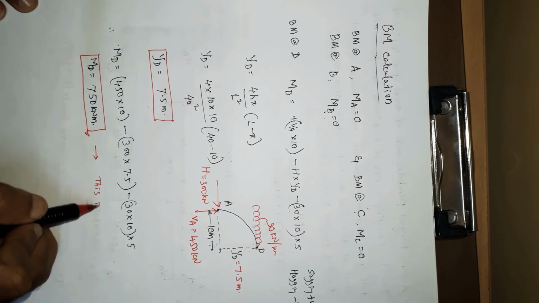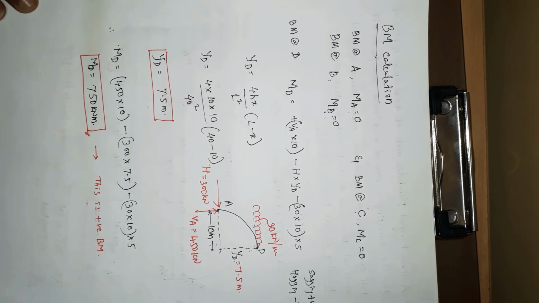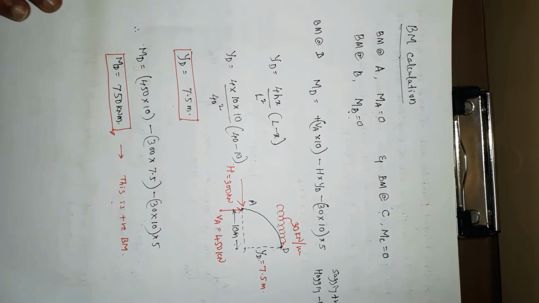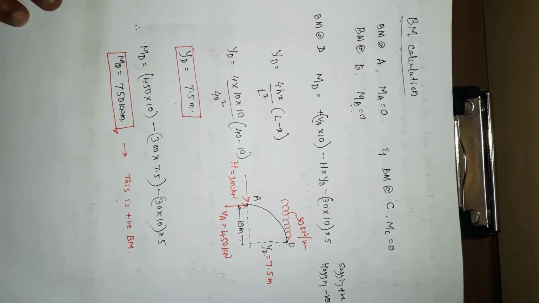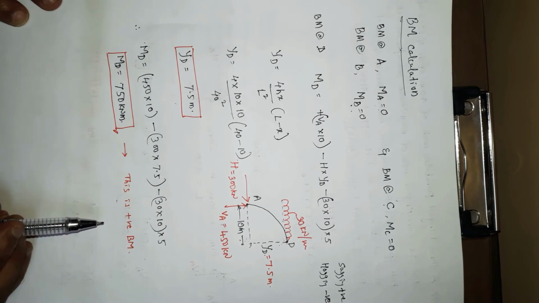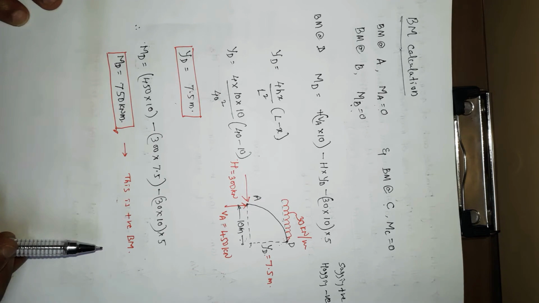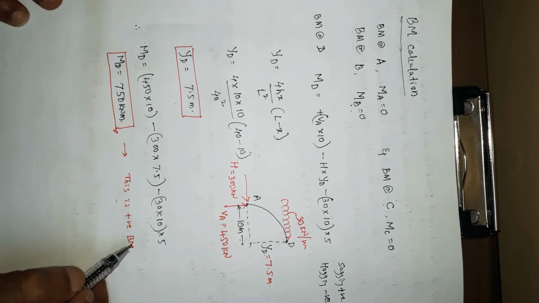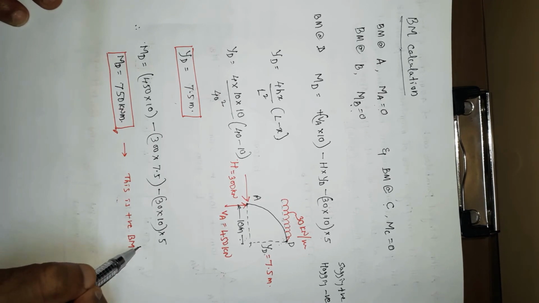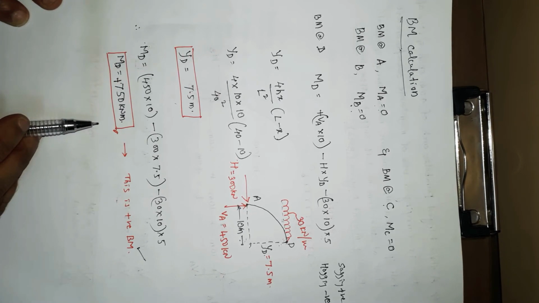This is positive, so you have got a positive bending moment. Now, as I told, the arch is divided into two sections, that is portion AC and portion CB. In portion AC there will be a positive bending moment, and in portion CB there will be a negative bending moment. So in portion AC, the positive bending moment will be 750 kilonewton meter, that is at point D.